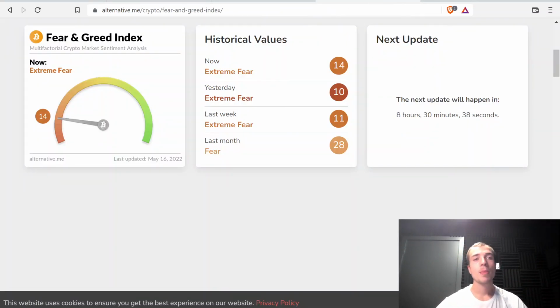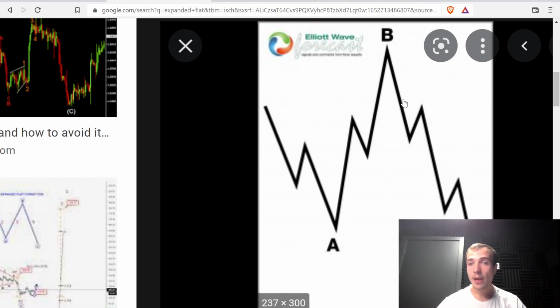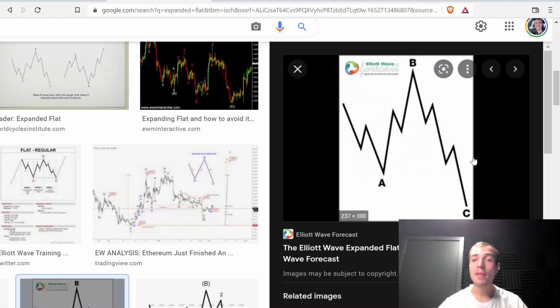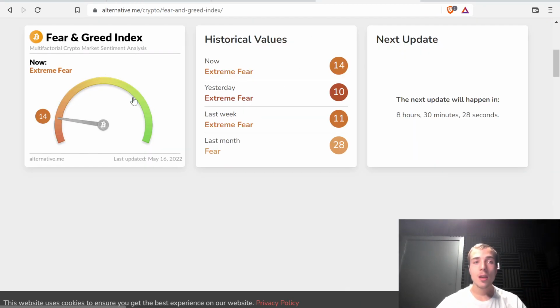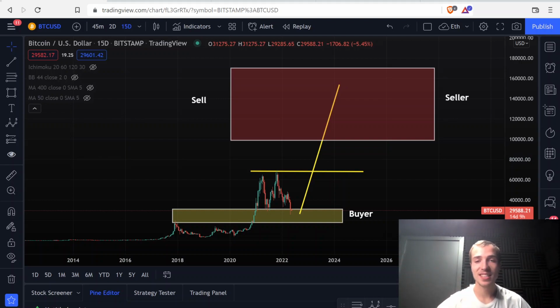Also, you guys, using it in conjunction with some of the other stuff you're learning about, whether it's Fibonacci, whether it's your Elliott wave patterns like the expanded flat that Bitcoin just made, or the fear and greed, you can put it in conjunction and your effectiveness in trading will go parabolic like these markets are about to as we recover.